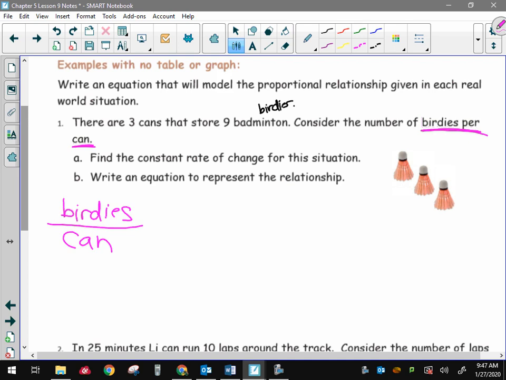A, find the constant rate of change. How many birdies in the can? 9. How many cans? 3. What do I do with those 2 numbers? Divide them. What do I get? 3 birdies per can.